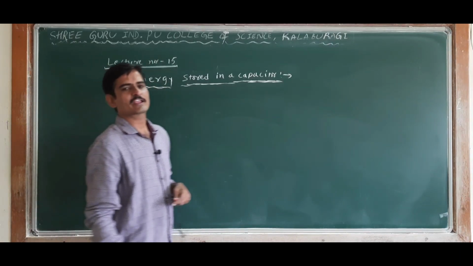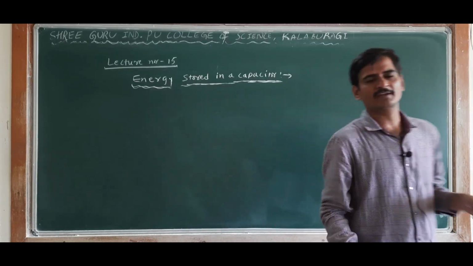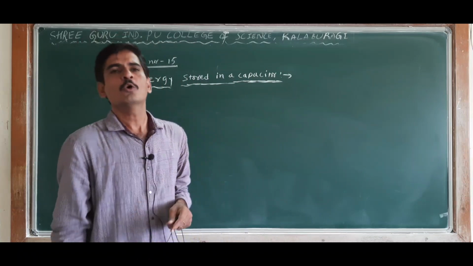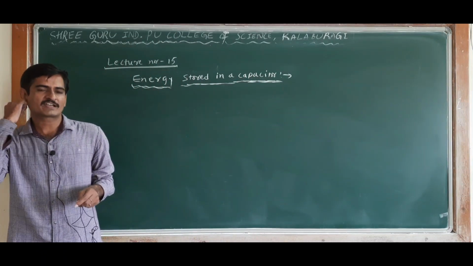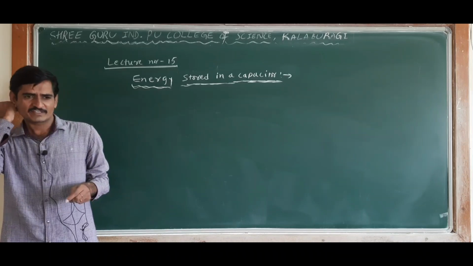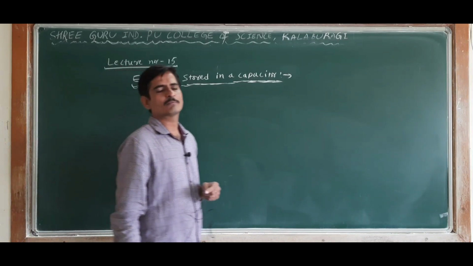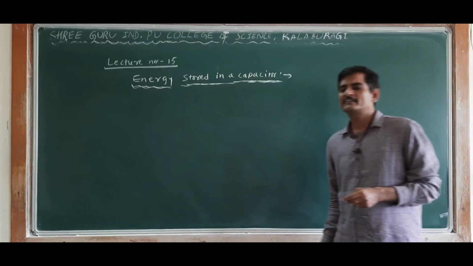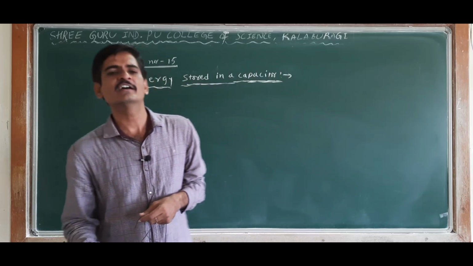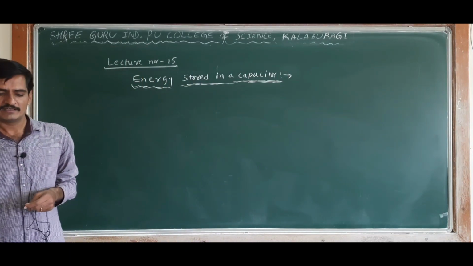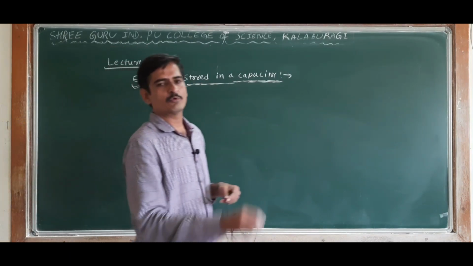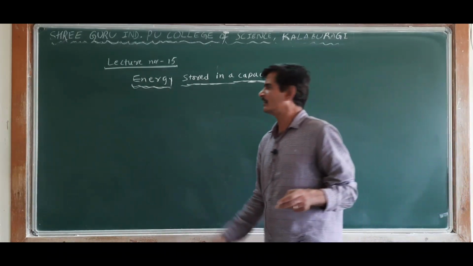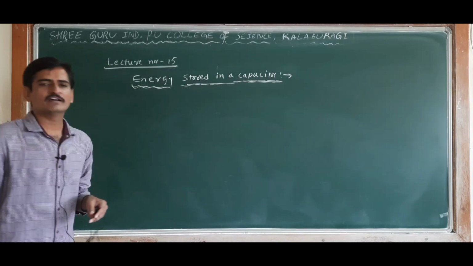To transfer charge from one plate to the other plate of the capacitor, work must be done, and this work done is stored as energy. The work done in transferring a charge from one plate to another plate is stored as the potential energy of the capacitor.